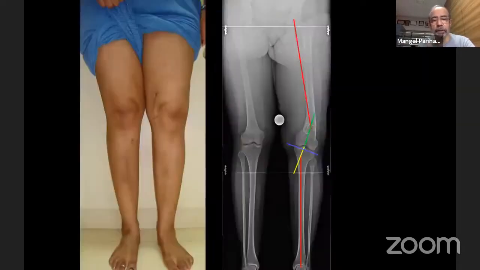But if you follow the principles of planning, you will find that there is a proximal axis and a distal axis. The yellow one is the proximal axis for the tibia, and the red one is the distal axis for the tibia again. So there is a varus deformity here and a valgus deformity in the tibia.